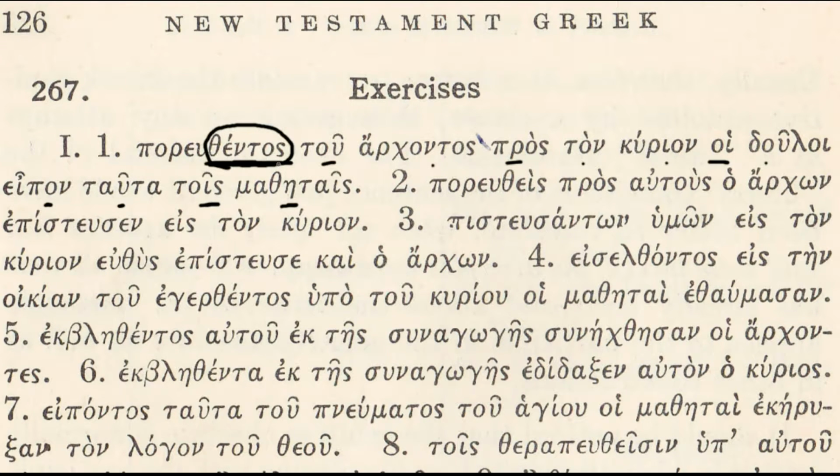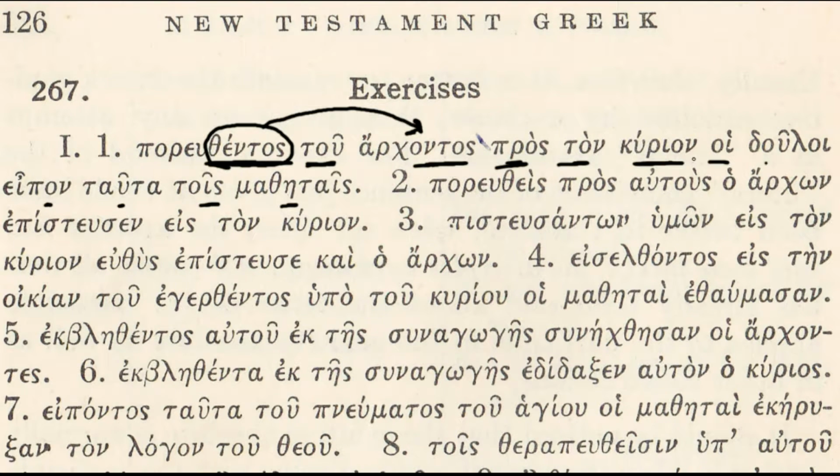And of course, seeing that genitive makes me think immediately, this is probably going to be a genitive absolute. My suspicions are confirmed when I see in the genitive case, tou archontos, the ruler. So let's render this, the ruler having gone, then pros ton kyrion, to the Lord.